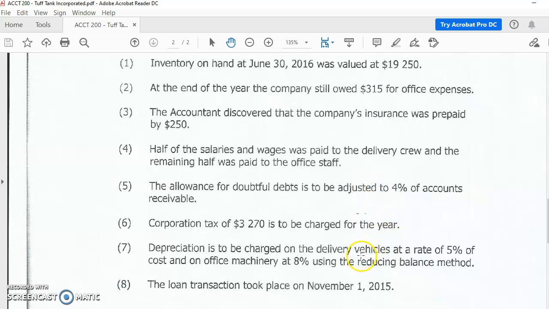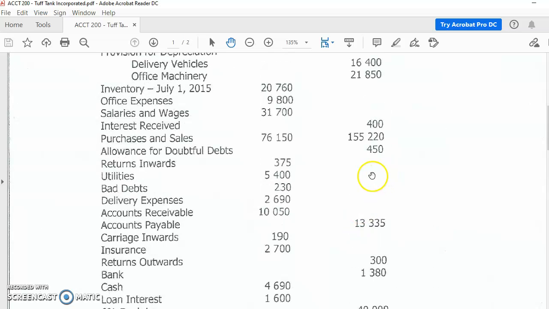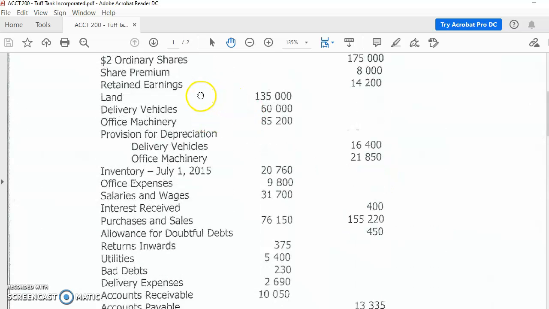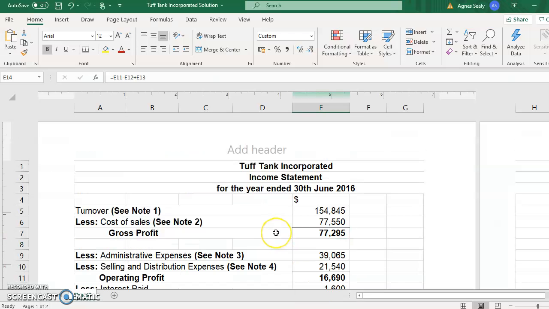There's no transfer to reserves, and the only thing we have on our statement of financial position is showing that the company made a profit previously of $14,200. So in this question, we will not be doing a statement of changes in equity. So basically, this completes the income statement for Tuff Incorporated, suitable for publishing. So this is a publishing format.